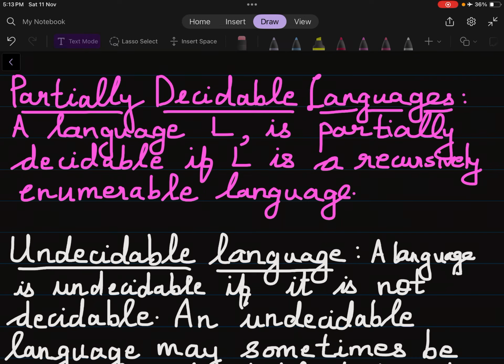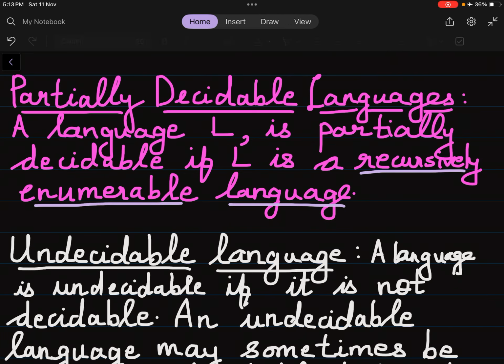So for rejection there are two conditions: either you reject and halt, or if you do not want to halt, it's fine, you can go into an infinite loop in a recursively enumerable language. So a language L is partially decidable if L is a recursively enumerable language.